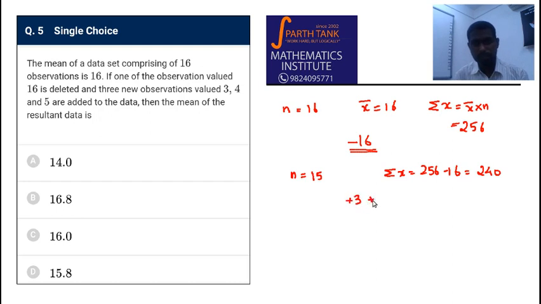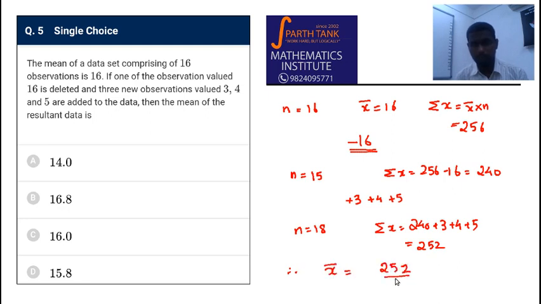So there is a plus 3, plus 4 and plus 5. 3 more numbers, so n will become 18 and summation of x will become 240 plus 3 plus 4 plus 5, which is 252. Therefore, the new mean will be 252 upon 18, which is 14. So the answer is option A, 14. A very straightforward problem.